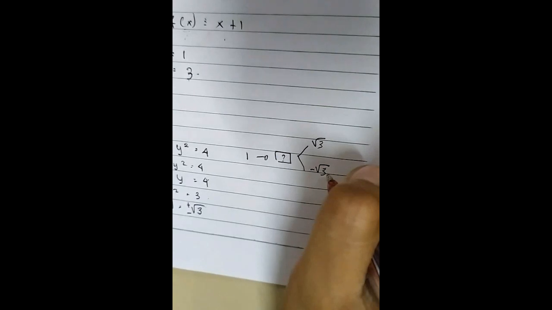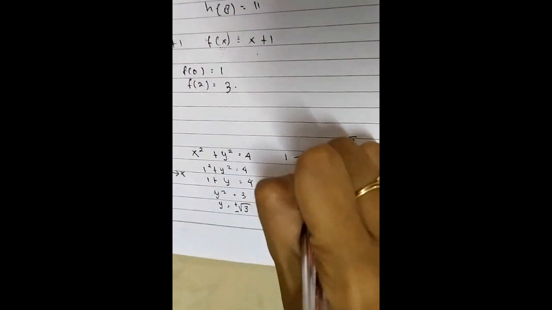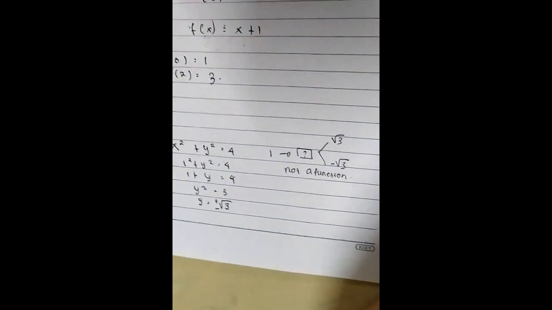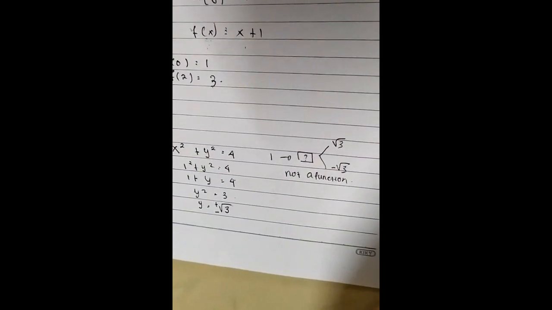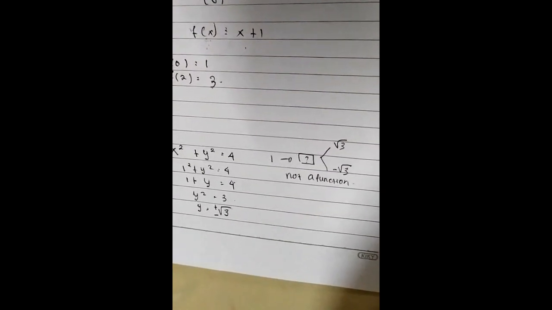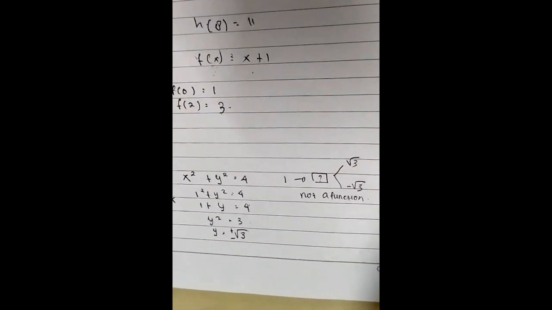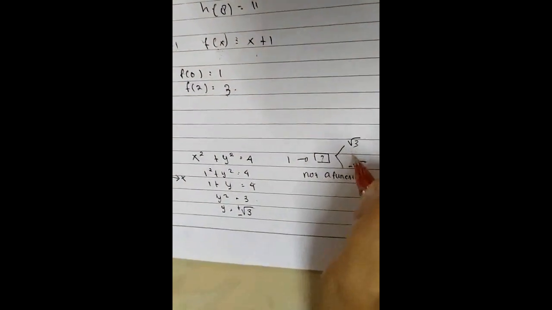This is not a function. I cannot associate my input with two different outputs. I can only have one output for a given input.